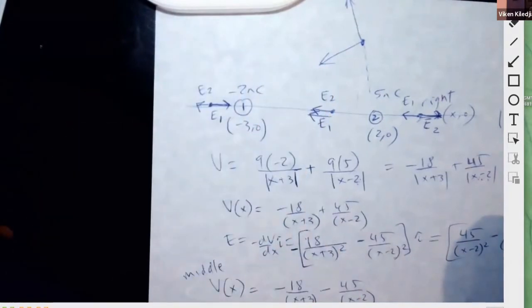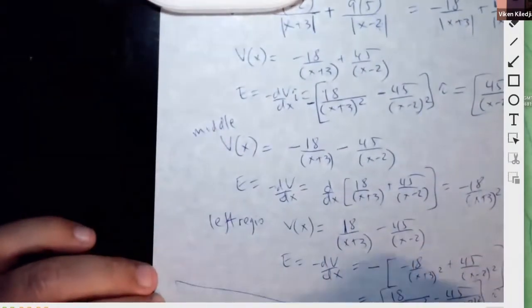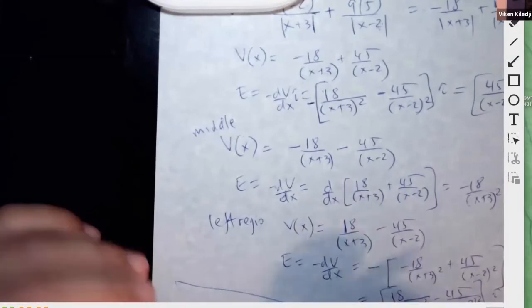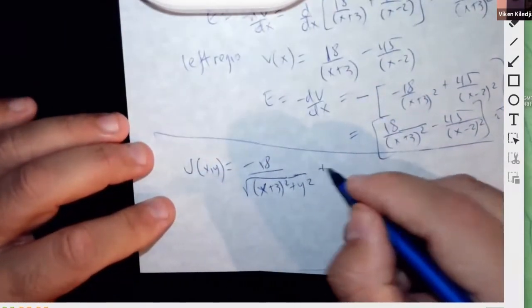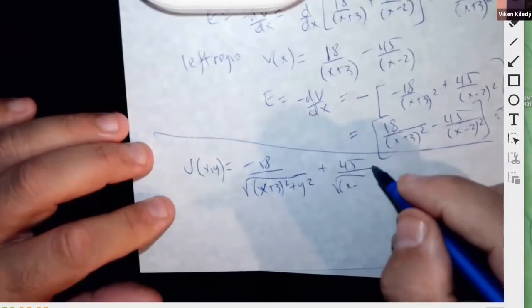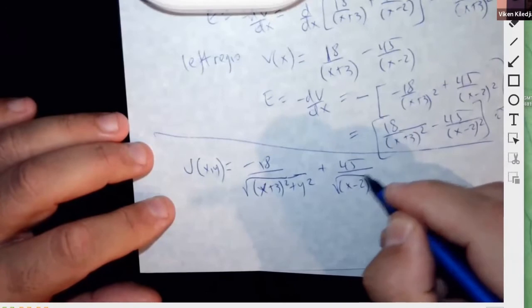So the voltage way to approach that would be to say, find the general equation of the voltage at any point x, y. So then it's going to be negative 18 over square root of x plus 3 squared plus y squared, plus 45 over square root of x minus 2 squared plus y squared.